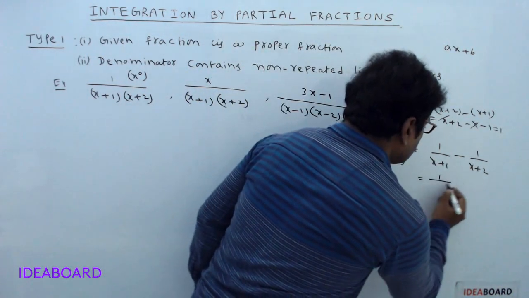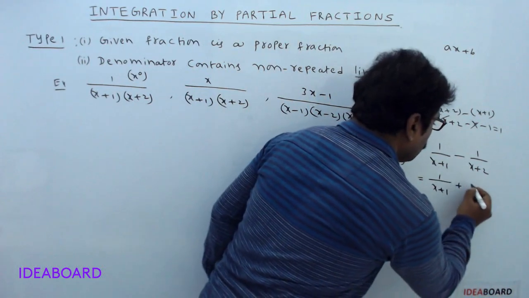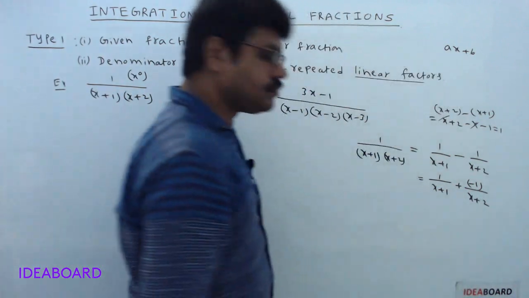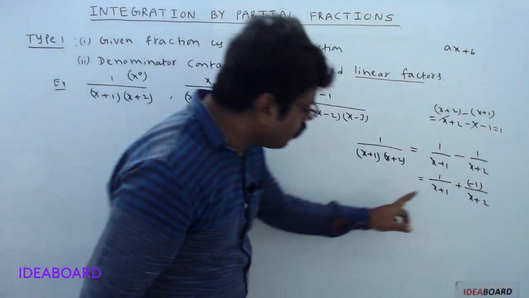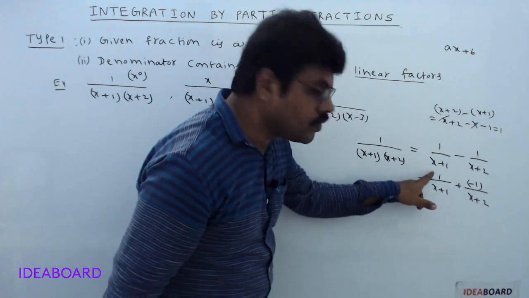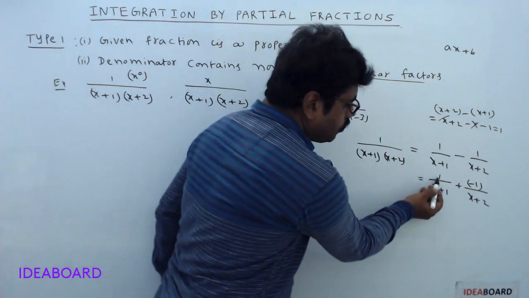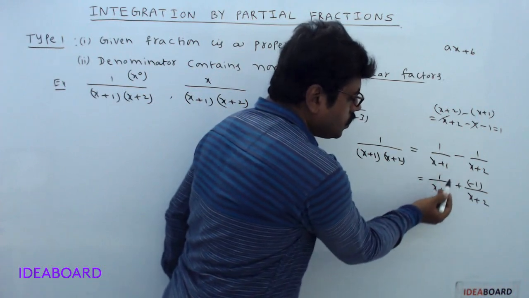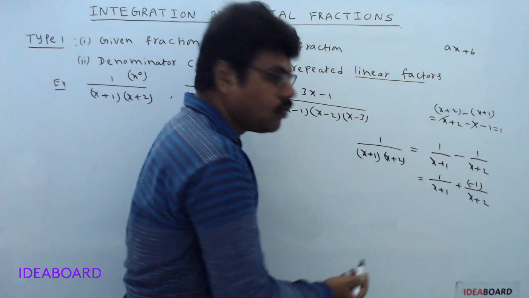This can also be taken as 1 divided by (x plus 1) plus (minus 1) divided by (x plus 2). Now here, what is the degree of this denominator? 1. What about the degree of numerator? Here 1 can be taken as x power 0. Degree of numerator is 0. Degree of denominator is 1.